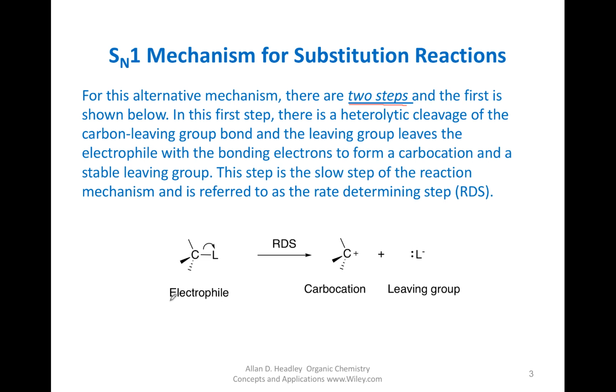In the first step, we have the electrophile, which has a very good leaving group. The key word here is a very good leaving group. All by itself, it decides to leave with its bonding electrons. Notice the movement of electrons.